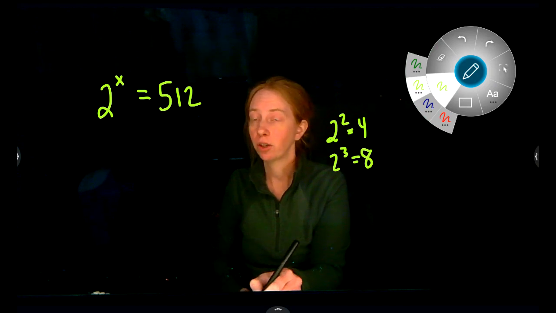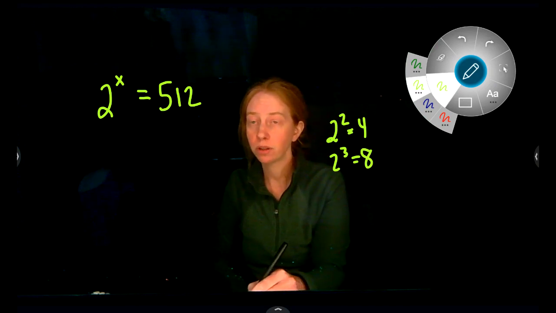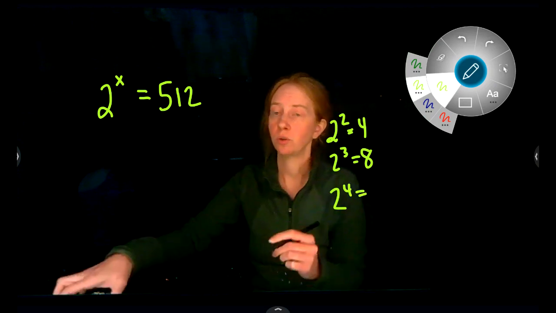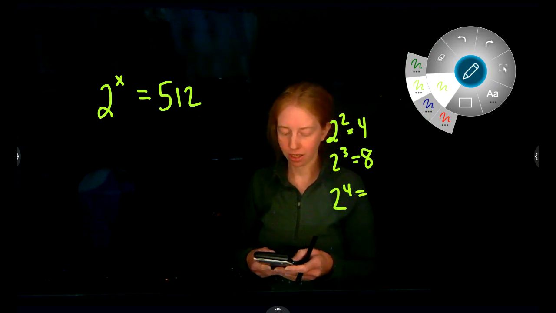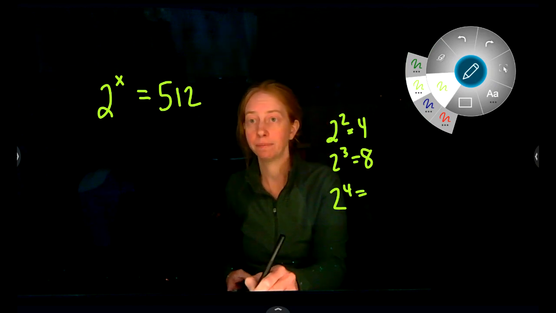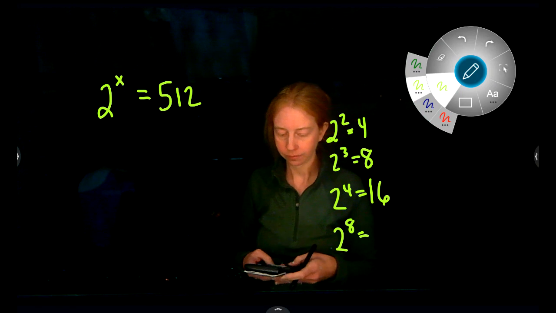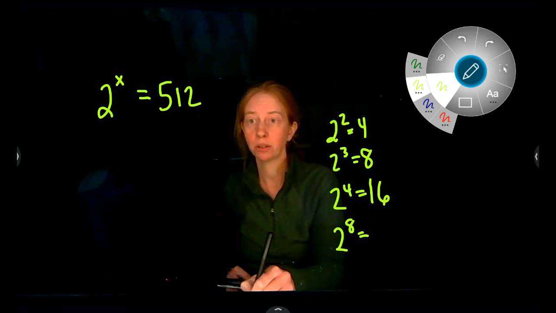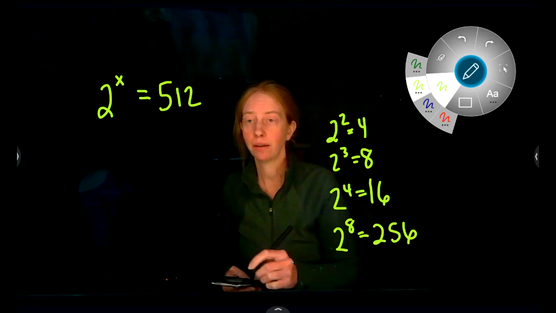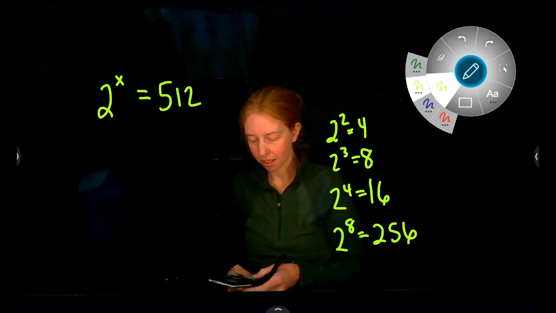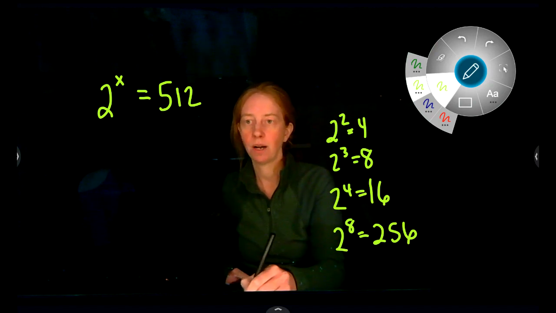I could start doing some multiples and doing fancy things. 2 to the fourth is 16. Now 2 to the 8th is 16 times 16, so now I'm getting into bigger numbers. 2 to the 9th is 512.